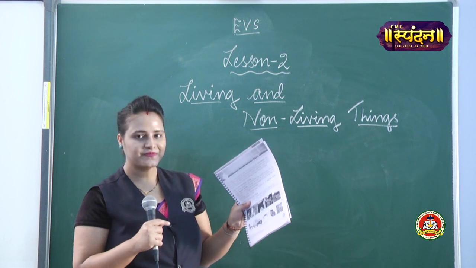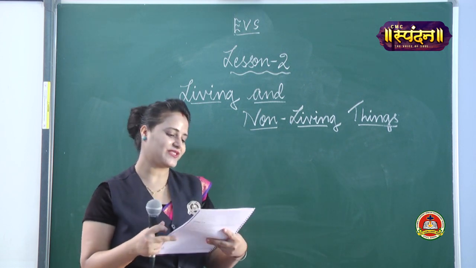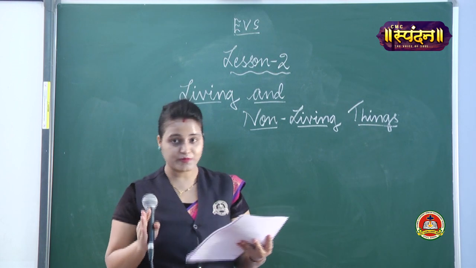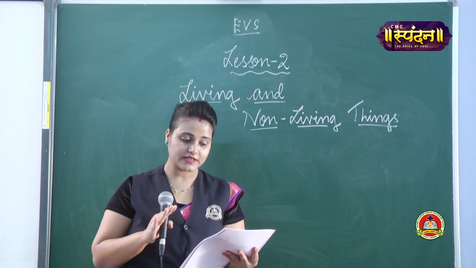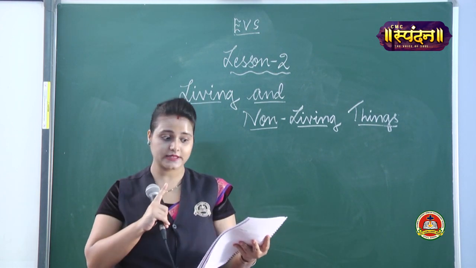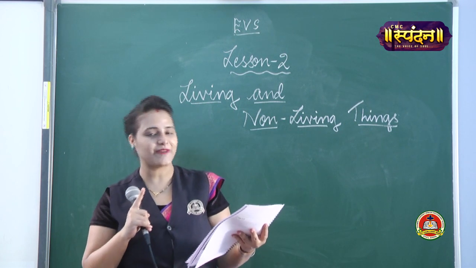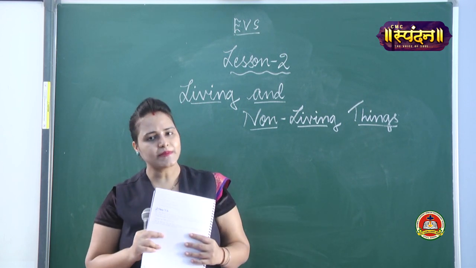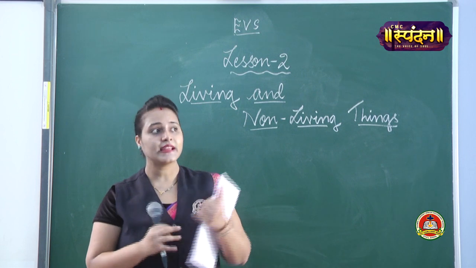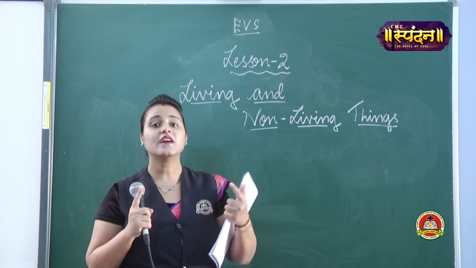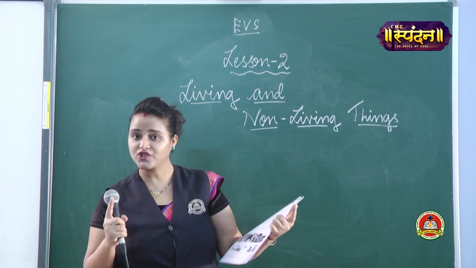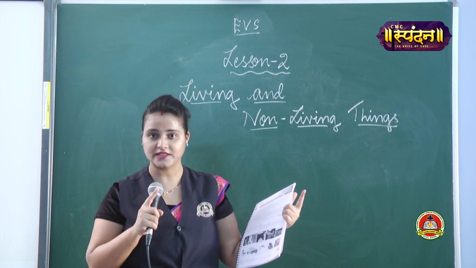Lesson number 2. Come, my dear children. All objects and conditions that surround us are our environment. What do you mean by environment, my dear children? The environment is the object and the conditions through which we are surrounded.